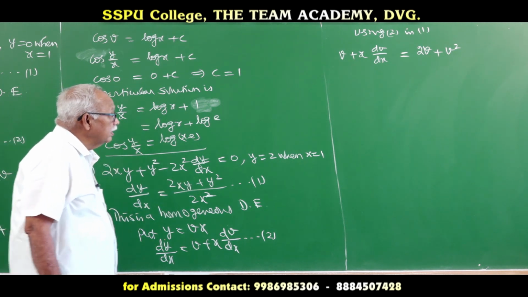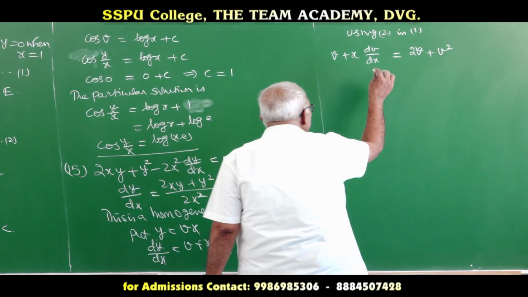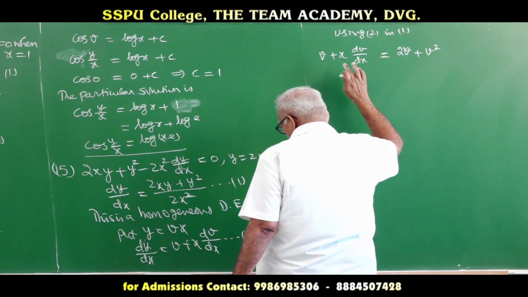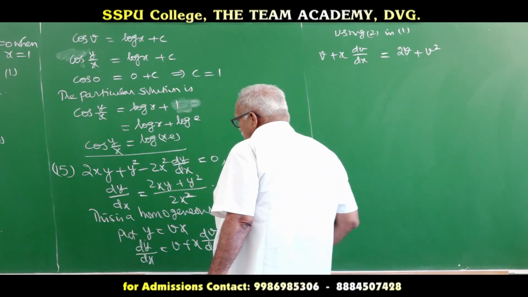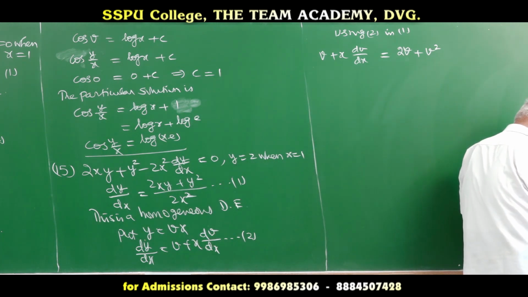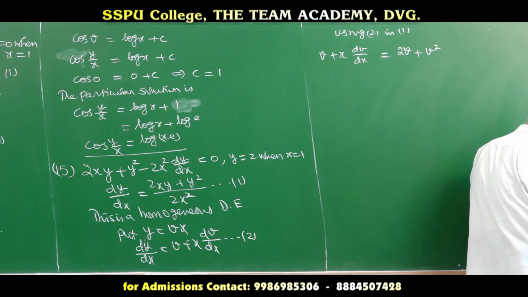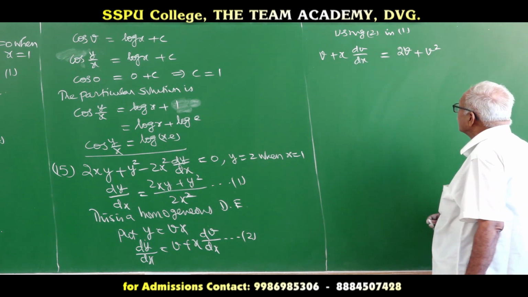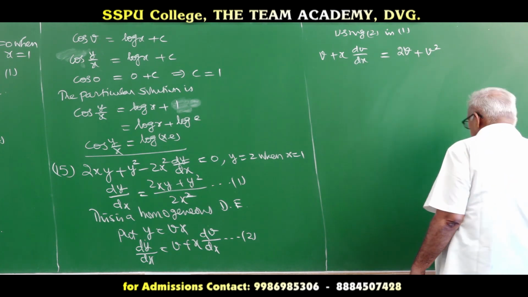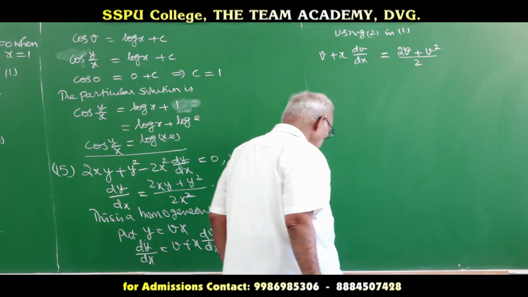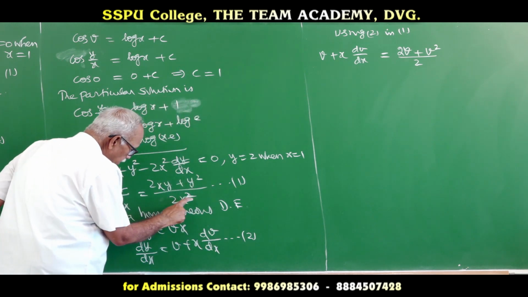Now, we are simplifying that. See, 1v cancels here, 2v is there. And in the denominator we have got 2, x square is there.